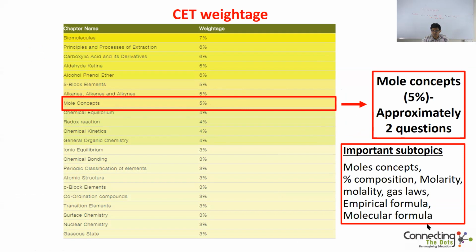Some of the important subtopics that we could focus on are mole concepts, percentage composition, molality, gas laws, empirical formula, and molecular formula. So these are some of the important subtopics which we can emphasize. Let us look at the questions one by one and answer them accordingly.